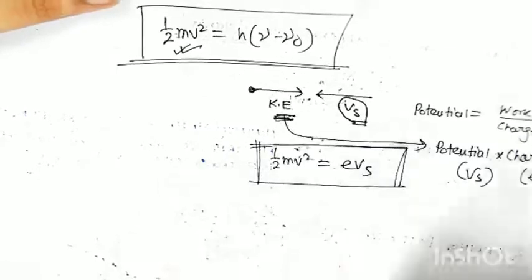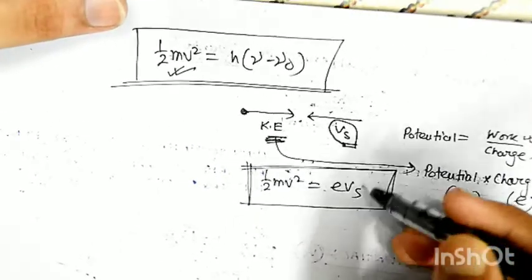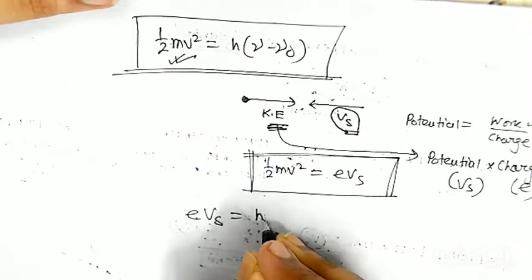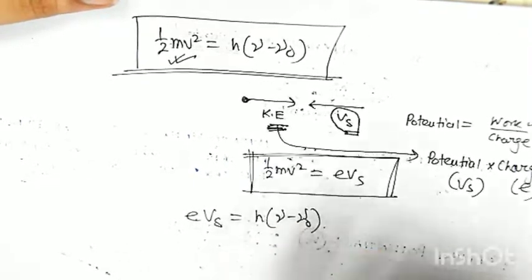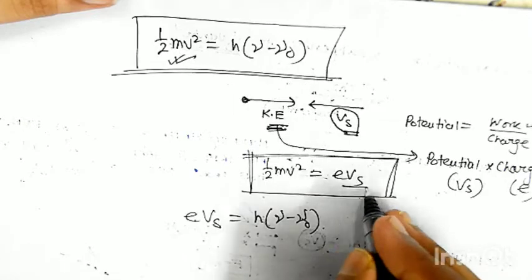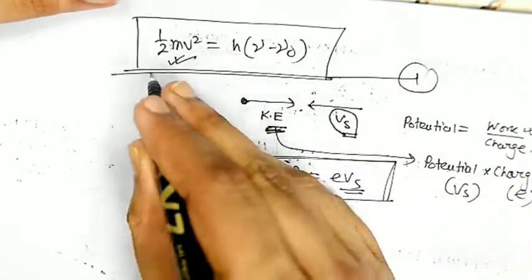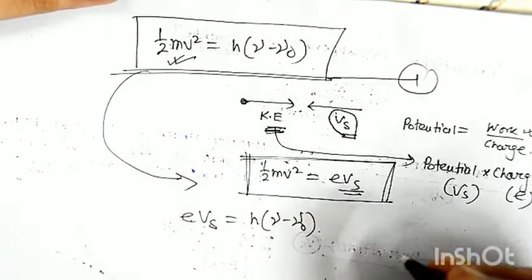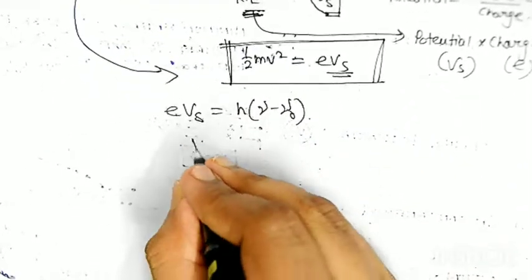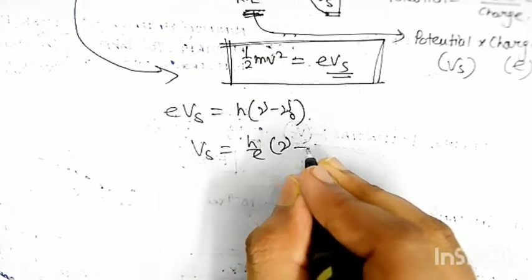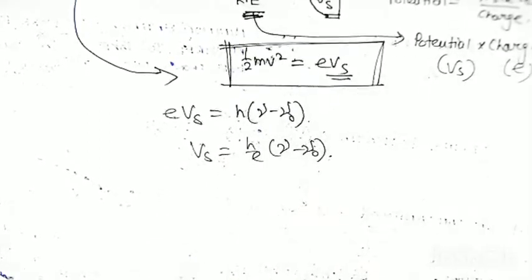So if I plot this value in our graph, this is the stopping potential we got. If I give the substitution here, eVs equals h into nu minus nu 0. I'm just substituting this value instead of v square in equation 1, and we get this. Clear? So what is Vs? Vs equals, e comes here, h by e into nu minus nu 0.